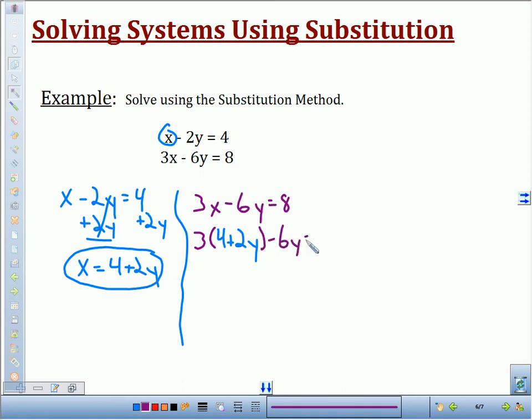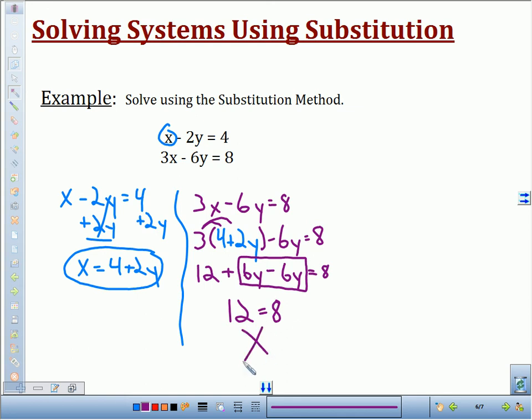Minus 6y equals 8. I need to distribute. 3 times 4 is 12, plus 6y minus 6y equals 8. 6y and minus 6y will combine together, and I'll get 12 equals 8. But of course, 12 does not equal 8.